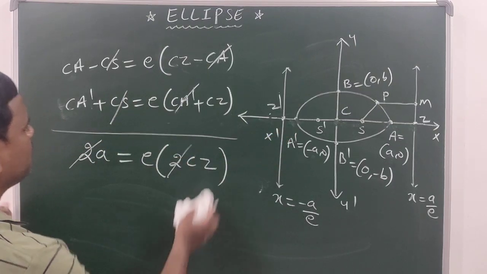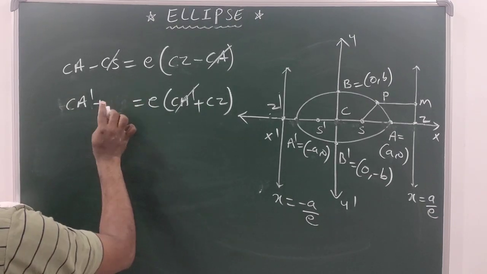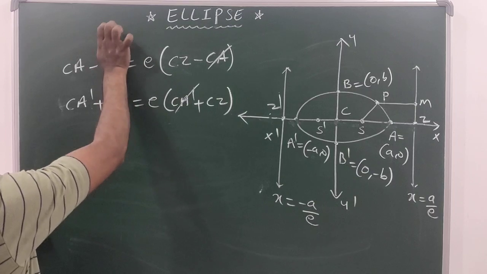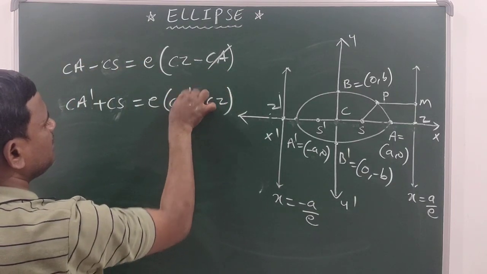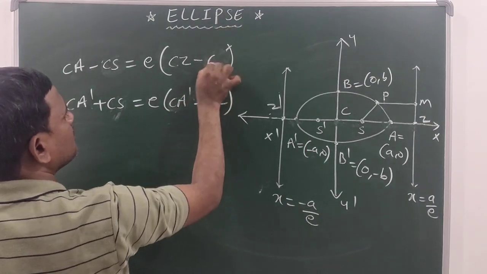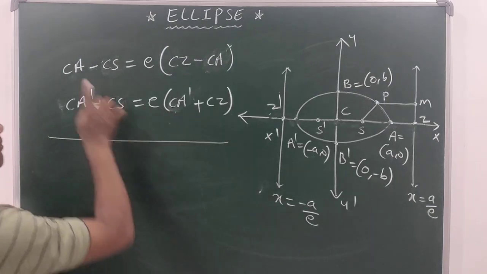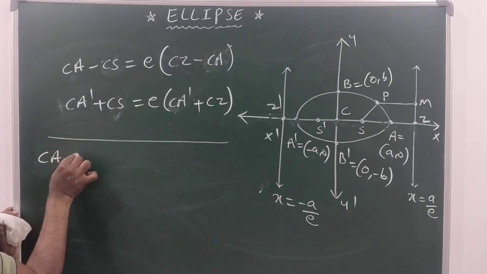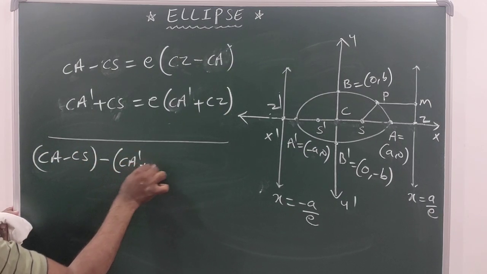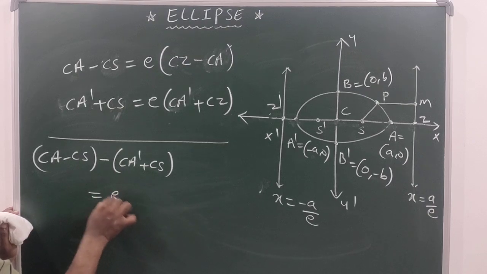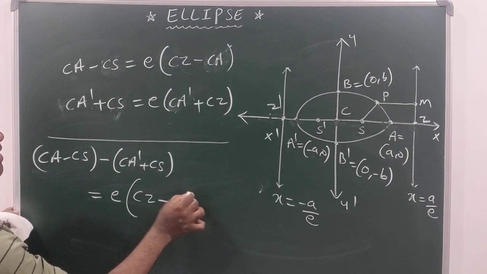Now subtract both of them. Here this is CS, CA dash, CA. On subtracting, what do you get? Here CA minus CS, minus CA dash plus CS, which is equal to the RHS, E of CZ minus CA.